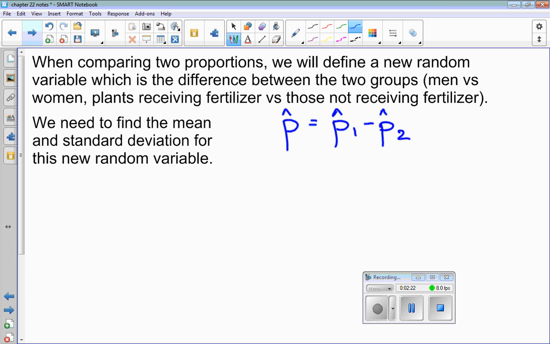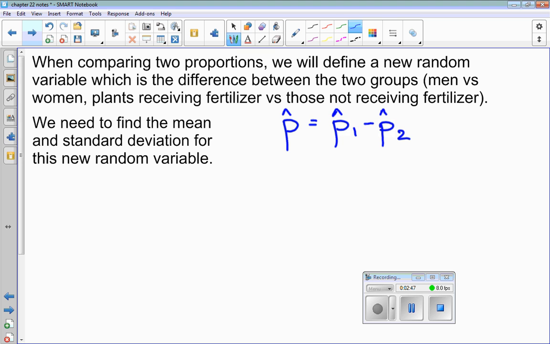The order in which you subtract sometimes matters, sometimes doesn't. We just have to be mindful that however we define it, we consistently do it that way all the time. So if we do men minus women, we're always doing men minus women.